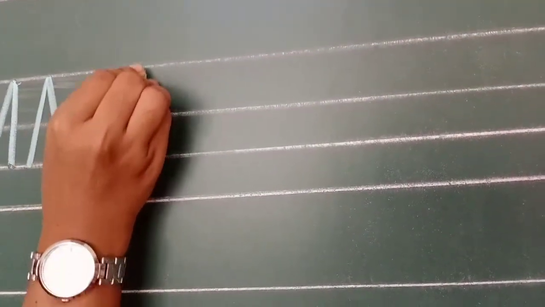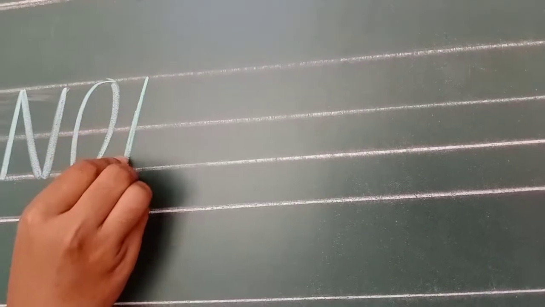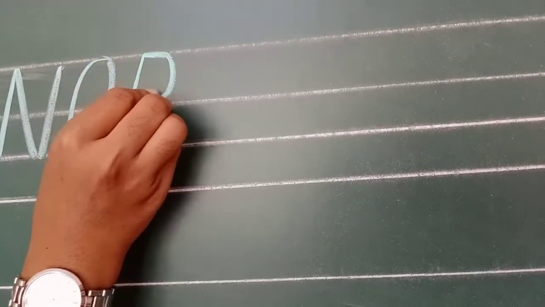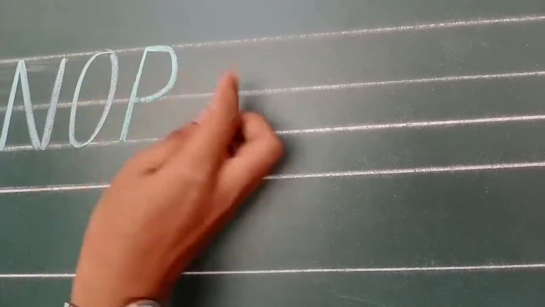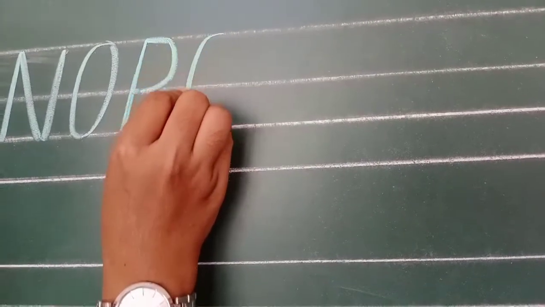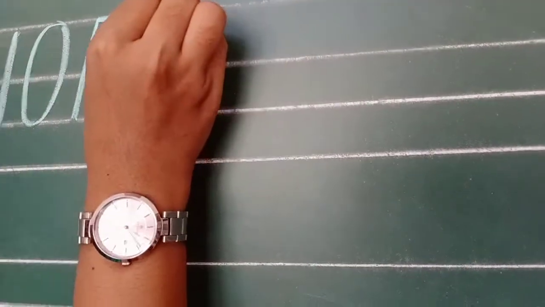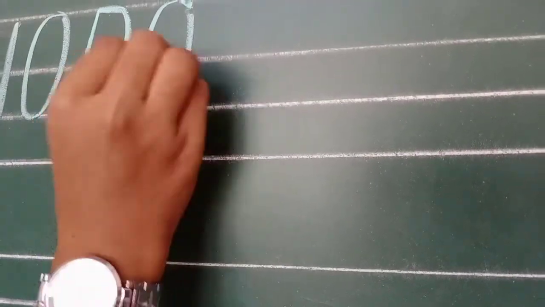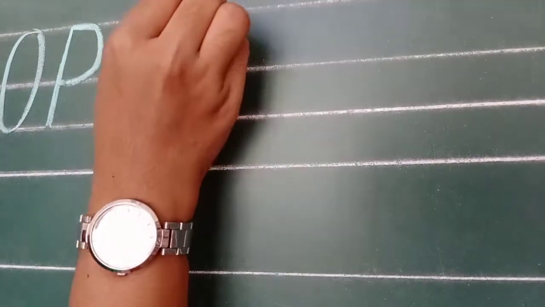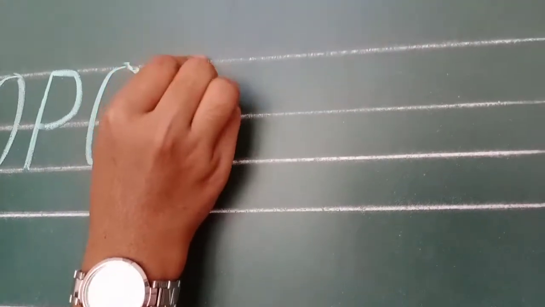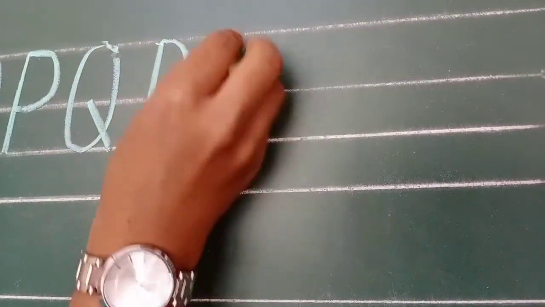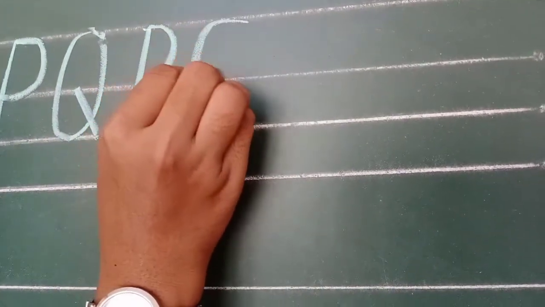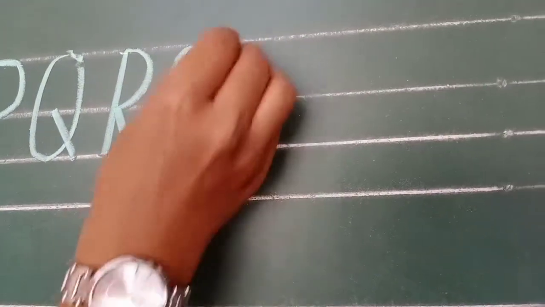P. Q. Q should be written like this, and you have to draw one line from the middle line to the base line. R. Yes.